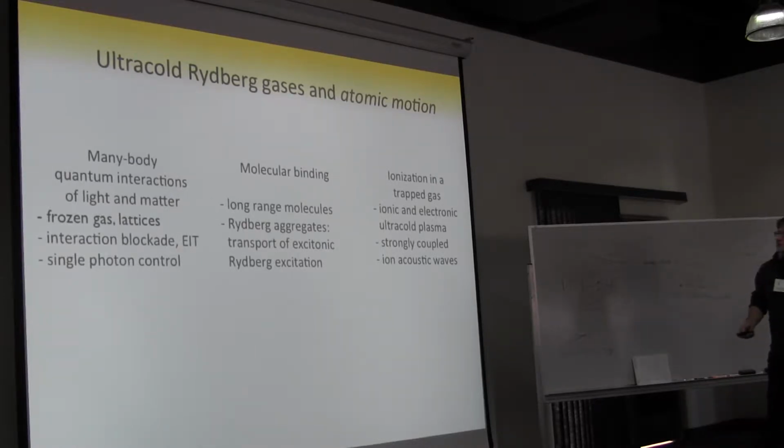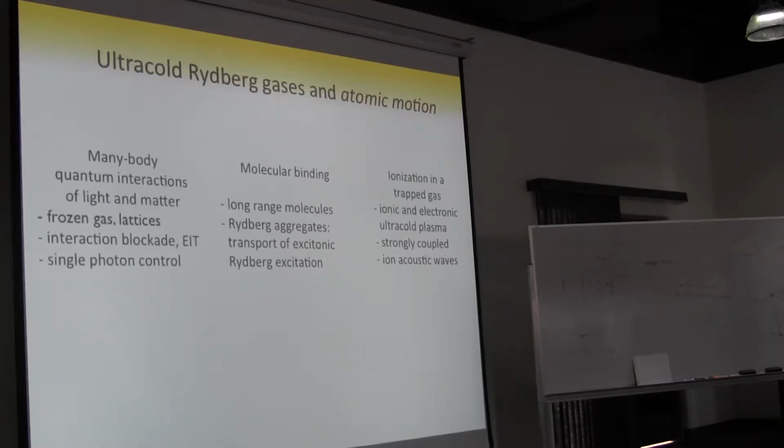Correlated dynamics and so on, addressing single Rydberg atoms in the experiment, even an ensemble. Of course, EIT has proven to be very important and useful, even to come to almost single photon control. On the other side of these very quantum optics-like features, there's the ionization in a trapped gas.